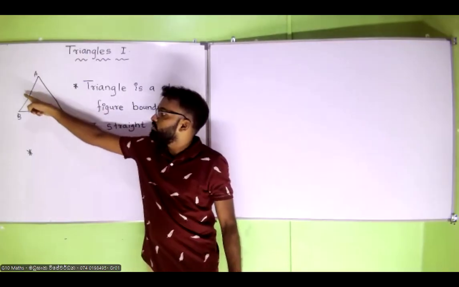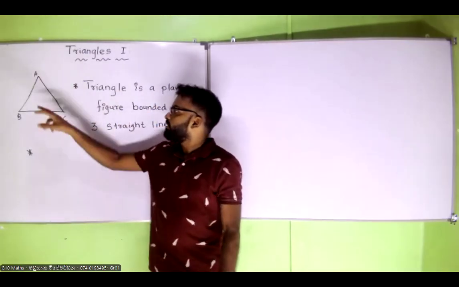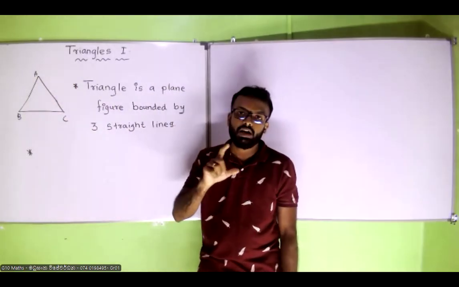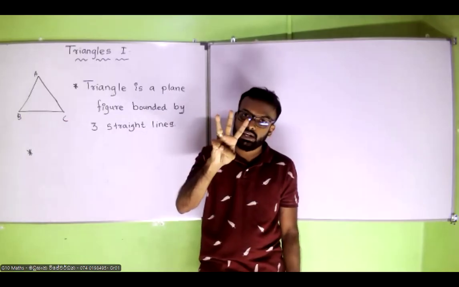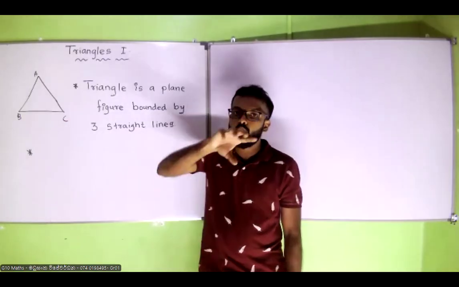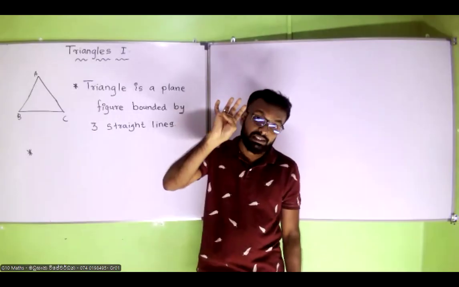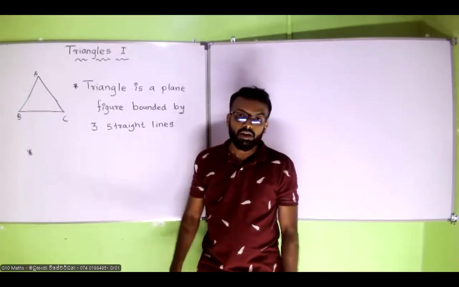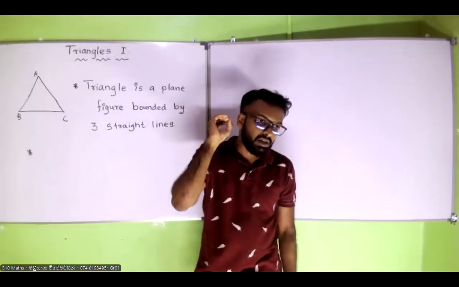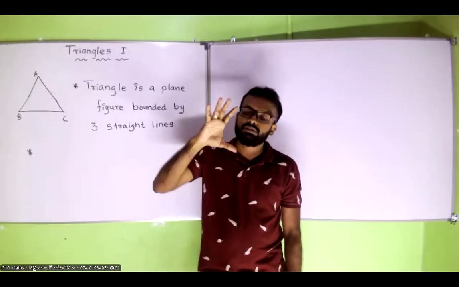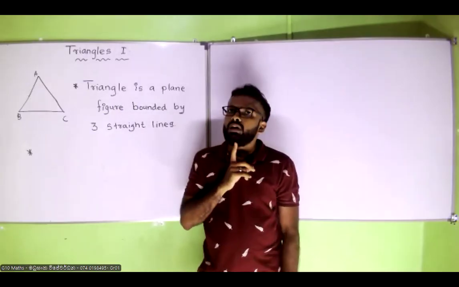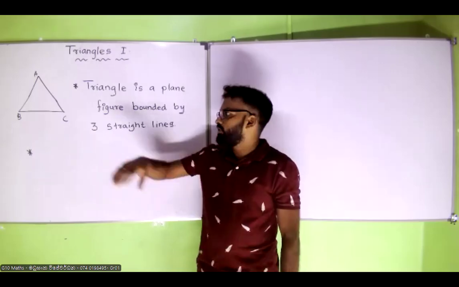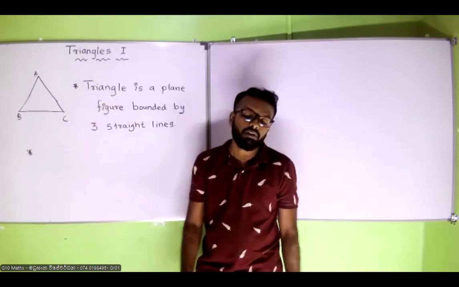We have three sides of a triangle and three angles of a triangle, so altogether there are six elements in a triangle. Those six elements are very important in geometry. Without these things, there will be no geometry.